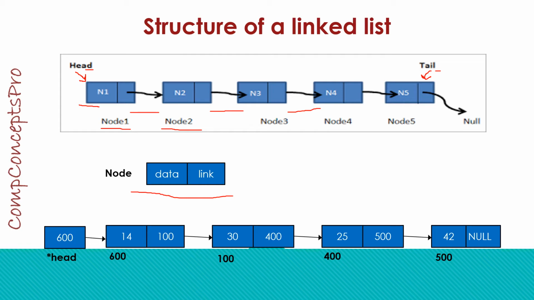Then here is stored the address of the second node. Then here is stored the address of the third node, and here the address of the fourth node, and so on. And finally this tail pointer is also pointing towards the last node, so the address of the last node is stored in this tail pointer.